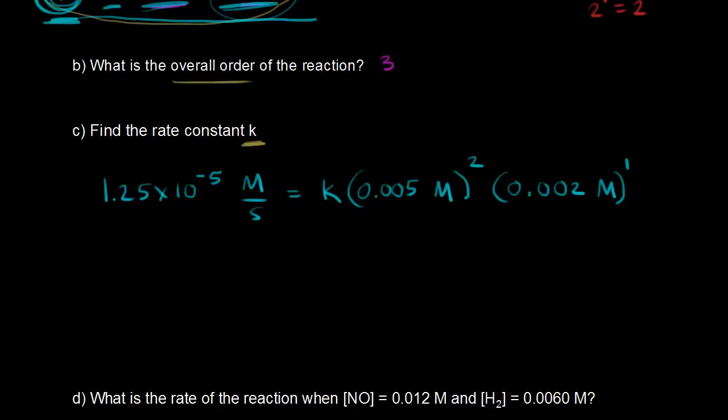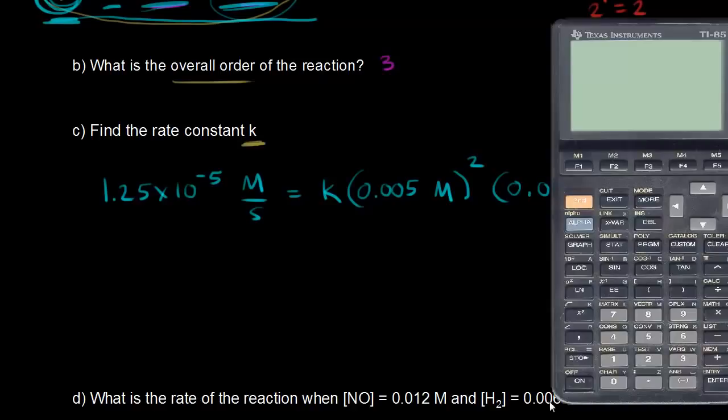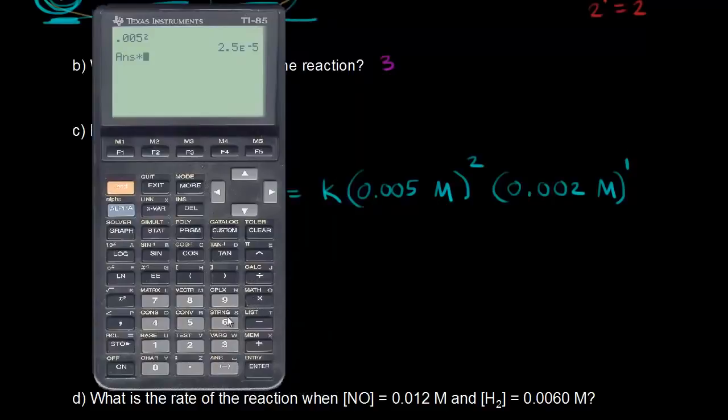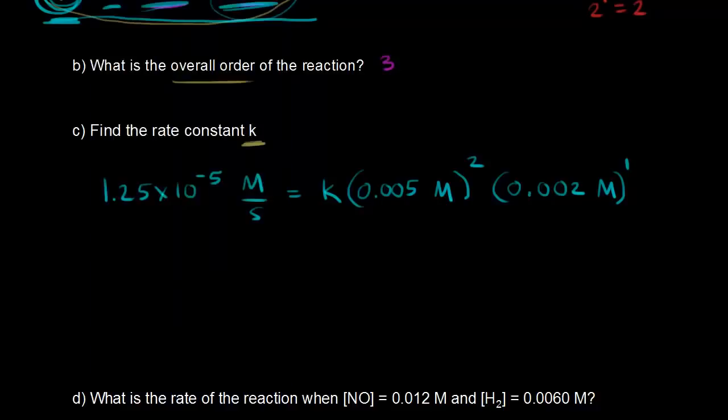Next, all we have to do is solve for K. So let's go ahead and do that. Let's get out the calculator here. And we could say 0.005 squared gives us 2.5 times 10 to the negative 5. We need to multiply that by 0.002. So on the right side, we would have 5 times 10 to the negative 8. Think about your units.